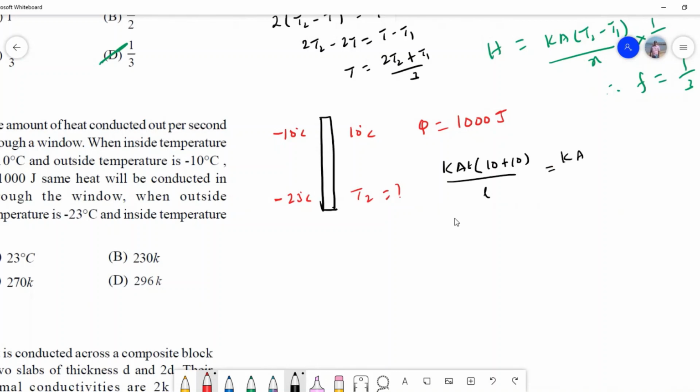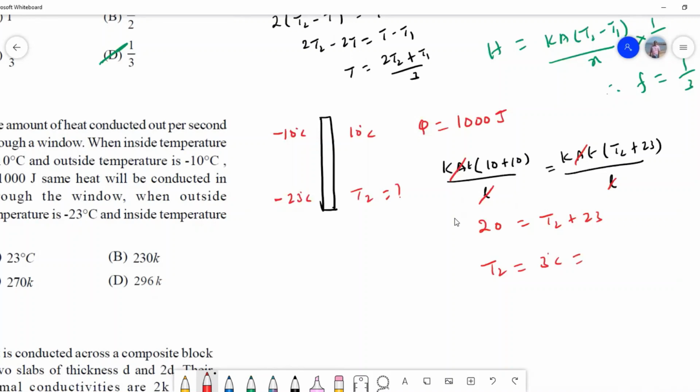For the second case, KA into T2 plus 23 whole upon L, because the outside temperature is minus 23. So this KA by L cancels. So 20 is equal to T2 plus 23. So T2 is equal to minus 3 degrees centigrade.